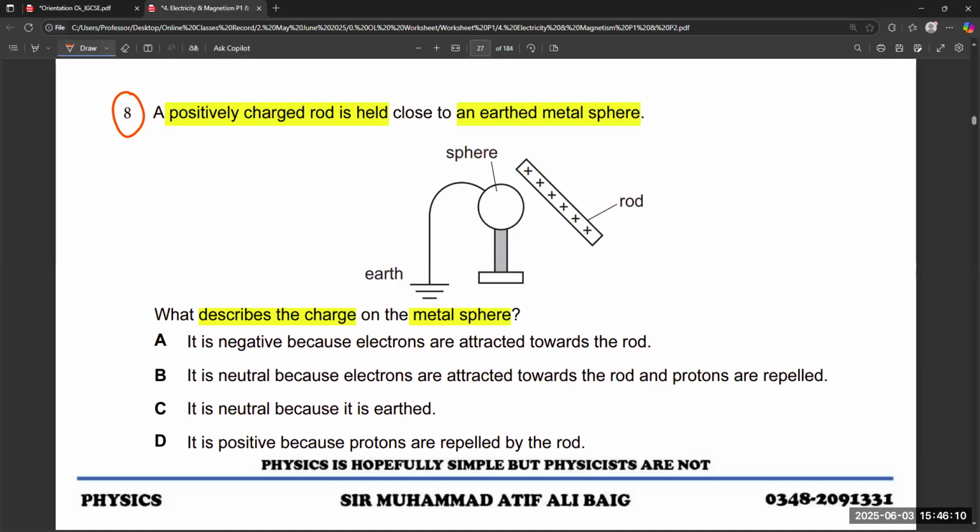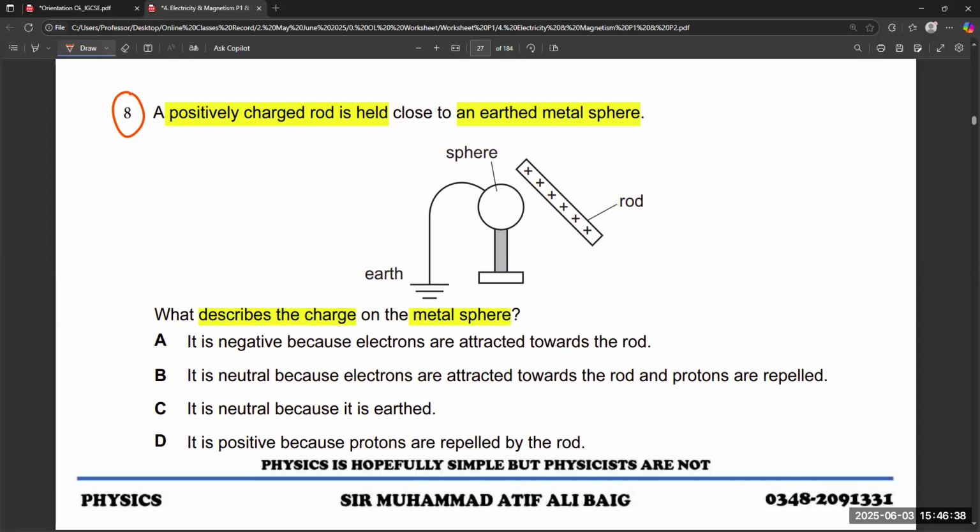So because of that grounded wire, electrons can easily be transferred to the ground. On one side we have the positive rod, so electrons can be attracted toward it, and on the other side we have the earthing wire, with the help of which electrons can easily transfer to the ground.